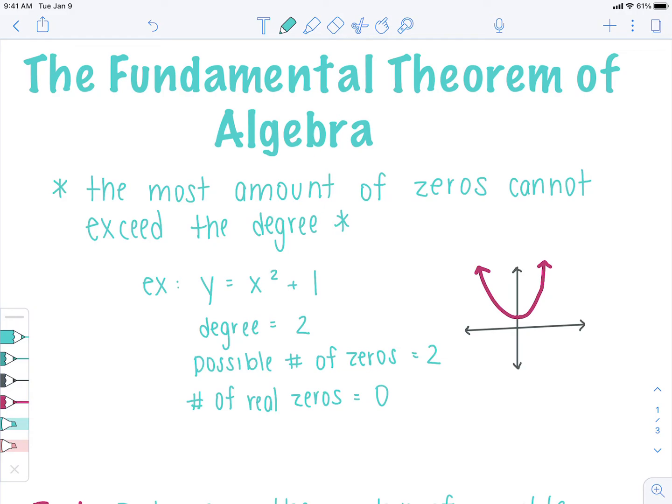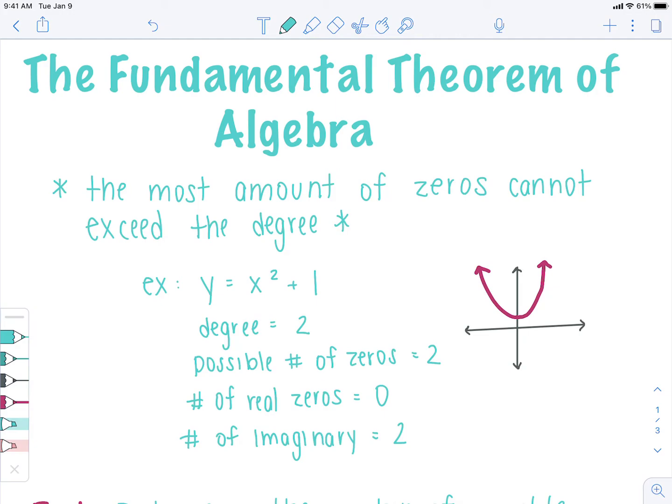If I cannot see them on the graph, they must be imaginary. That's why I can't see them. So that means the number of imaginary zeros is whatever I can't see out of the total. So pretty straightforward as long as your counting is on point today.